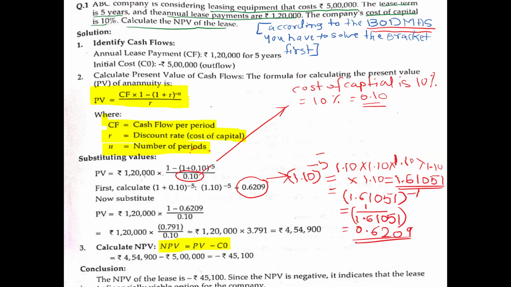So the answer is minus 45,100 rupees. Conclusion: the NPV of the lease is minus rupees 45,100. Since the NPV is negative, it indicates that the lease is not a financially viable option for the company.